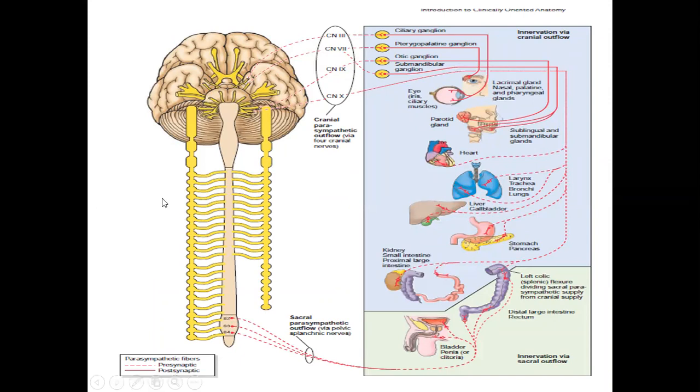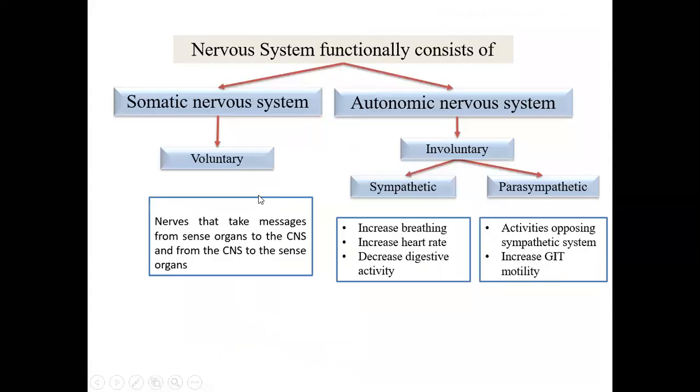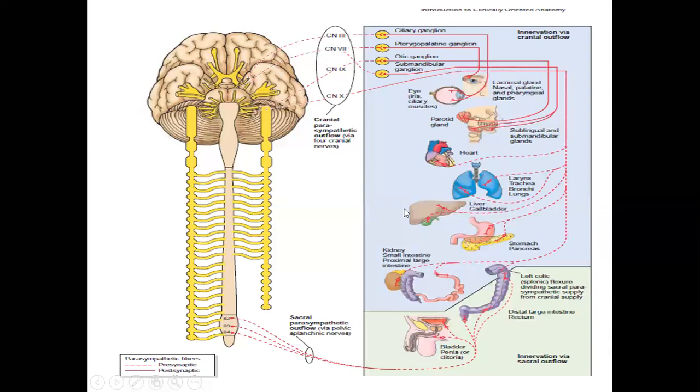Okay, so here if you see, this is the spinal cord, and you can see nerves coming out. The nerves coming from the spinal cord here are the sympathetic, which we said. Then we have the parasympathetic, some coming from the cranium and some from the sacrum. So this is called the craniosacral outflow.